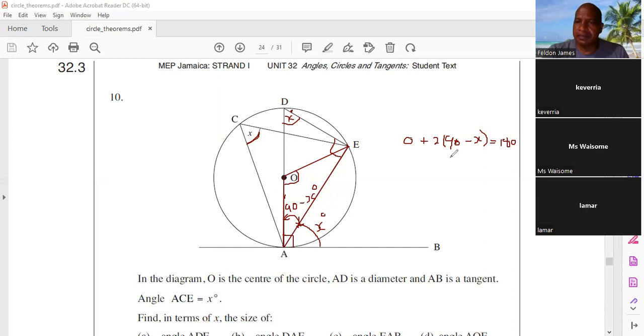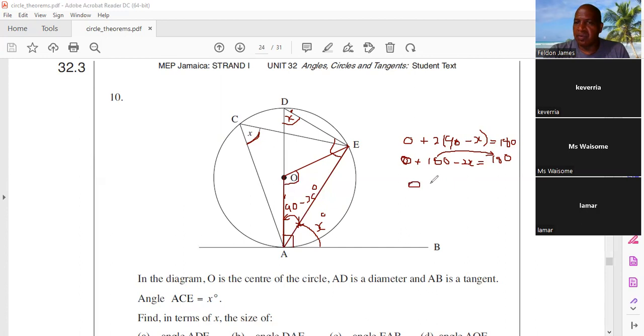All right, so 2 times 90 would give you what? So that's 180. And 2 times minus x gives you minus 2x. So now we're solving for O. You bring this over, that will be 180 minus 180.